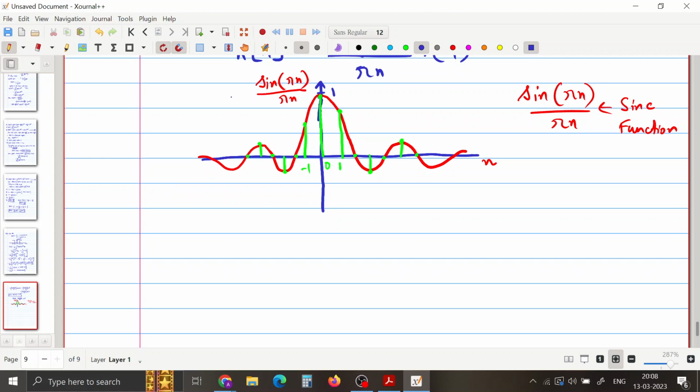For even values of n we will have positive amplitudes, and for odd values of n we will have negative amplitudes. That's it. So it's approximately like this.